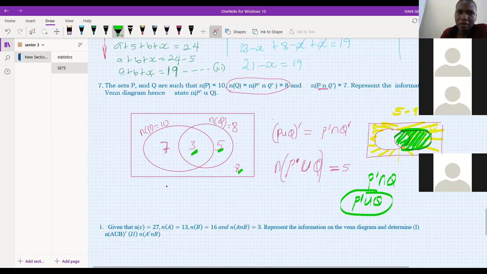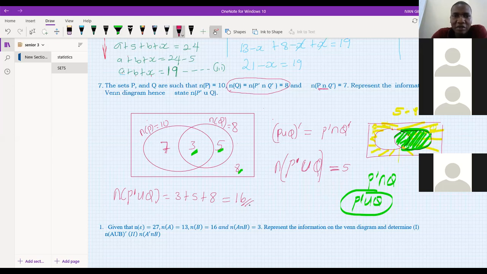Yes. So that means that our number of elements in P complement union Q will be equivalent to 3 plus 5 plus 8. And that gives us what? 16? Yes. So there are 16 elements in that set.